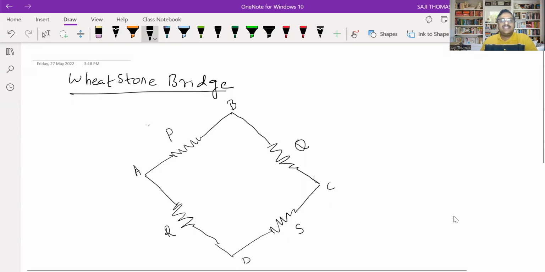Between B and D, a galvanometer is connected. A galvanometer is used for detection of current in the circuit.